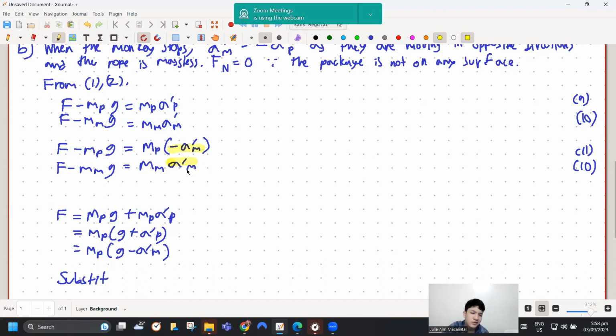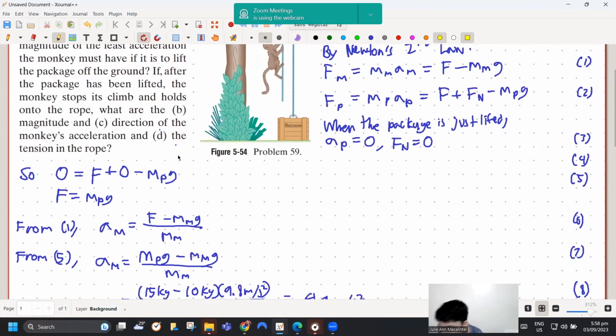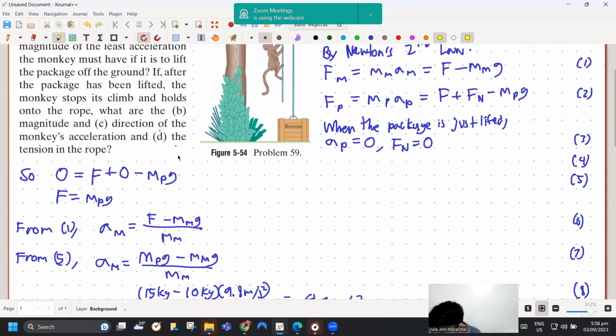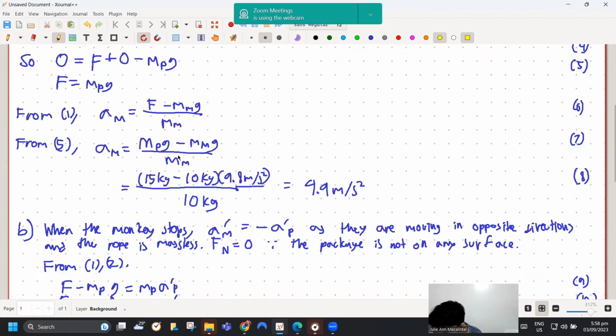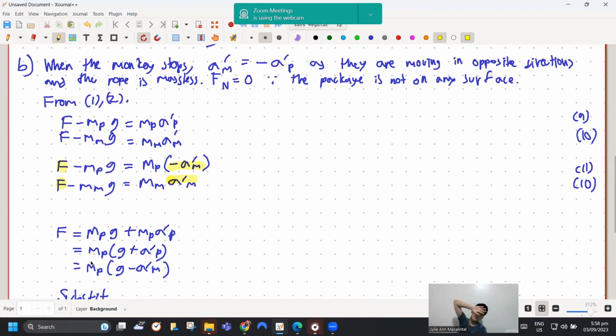Known na ba yan or hindi pa? Not unknown pa rin po. So, highlight mo rin. So, as you can see here, we have a system of two equations with two unknowns ulit.